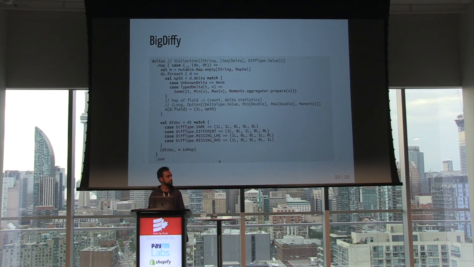Over there. How are you using this, or are you using it in your data science pipeline to keep track of the data drifting? So does it impact your models? Yeah, good question. For those that didn't hear, the question is how are we actually using this? The vast majority of our use is fairly simple. It's comparing backfills.